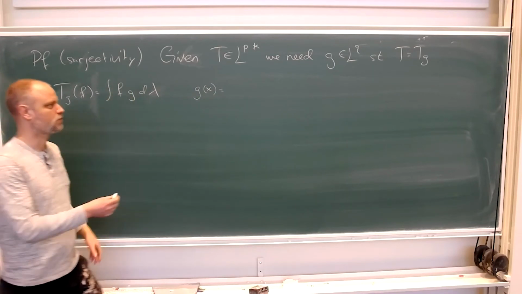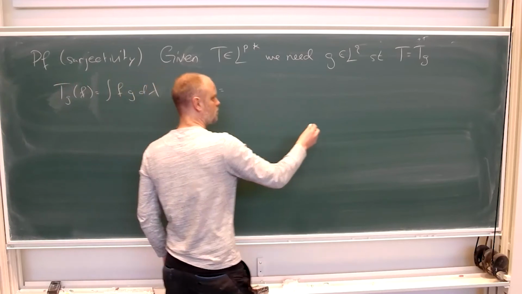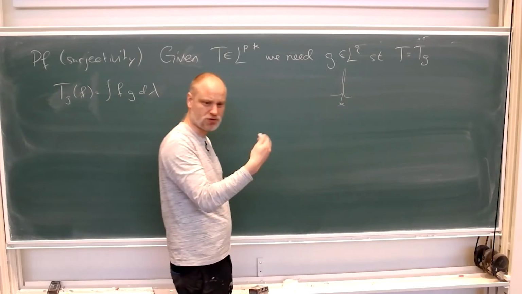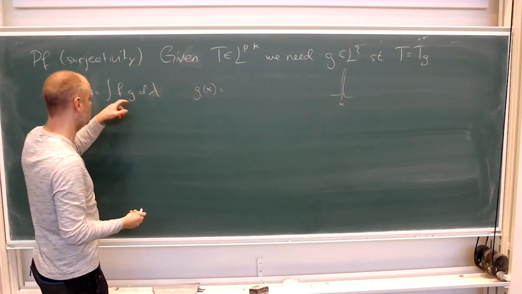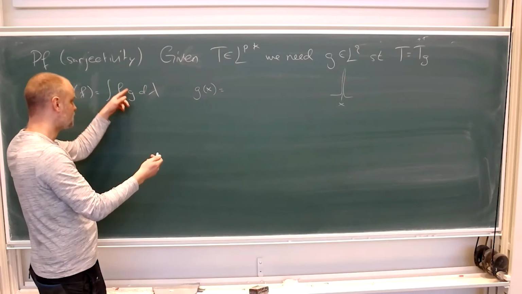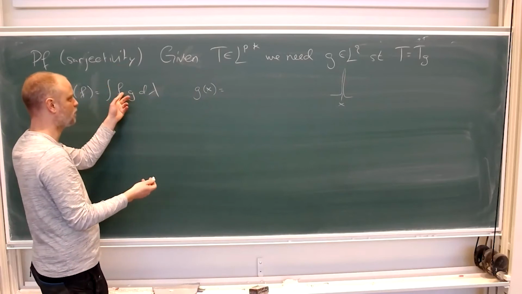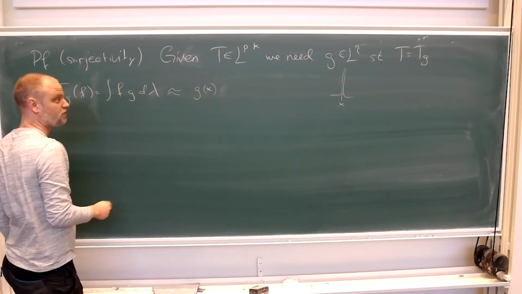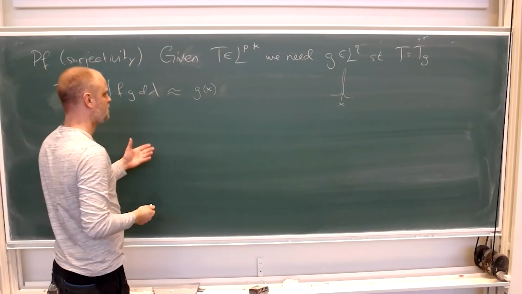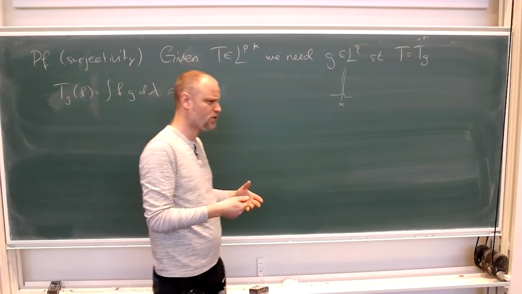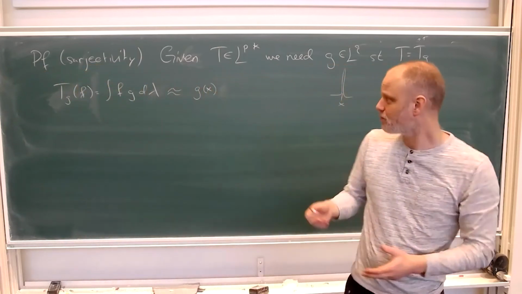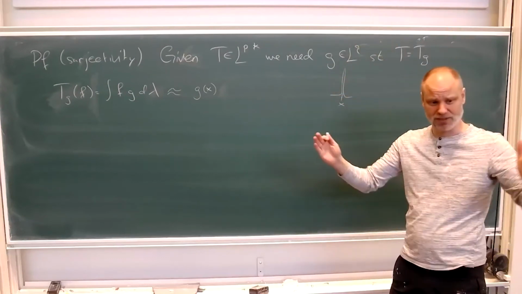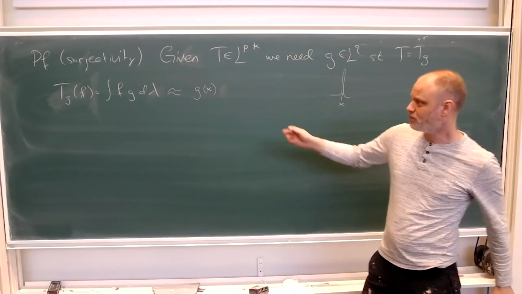So if f is some bump function around x, an approximate identity, then you integrate g near x, this has integral 1, so this would be approximately equal to g of x for such a function f. Then you would take the approximation of the identity, let p go to infinity, the base shrink to 0, and you get equality.